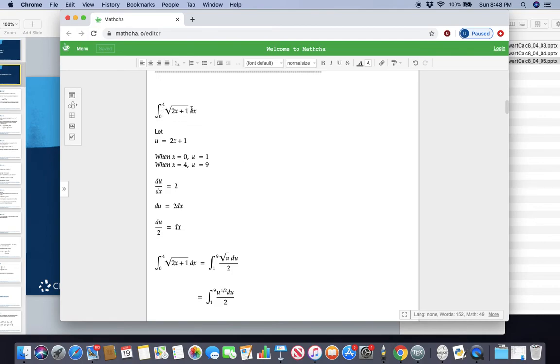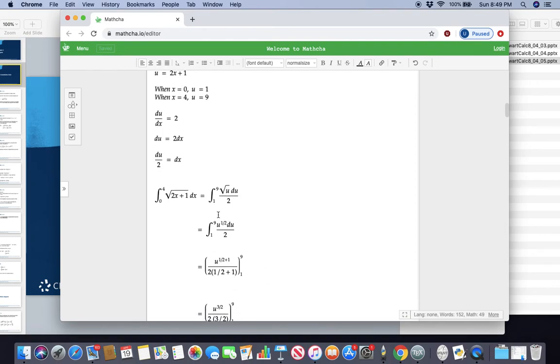So this original integration, 0 to 4 radical 2x plus 1 dx, has new limits: 0 corresponds to 1, 4 corresponds to 9, and square root of 2x plus 1 corresponds to u, and dx corresponds to du over 2.